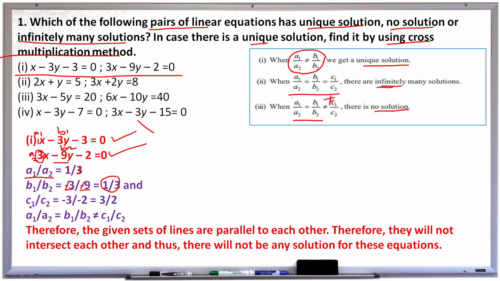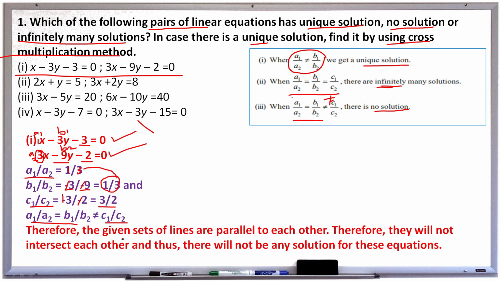Now c1 by c2 we are going to find. c1 is minus 3, c2 is minus 2, minus minus will get cancelled, so 3 by 2. Now you see a1 by a2 is equal to b1 by b2, because a1 by a2 is equal to 1 by 3, b1 by b2 is also 1 by 3, whereas c1 by c2 is not equal to b1 by b2.